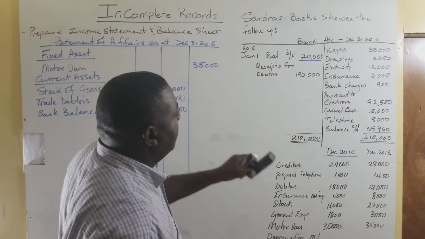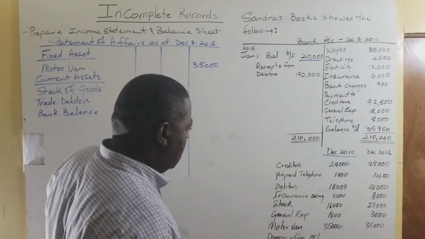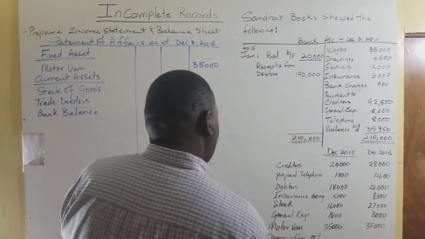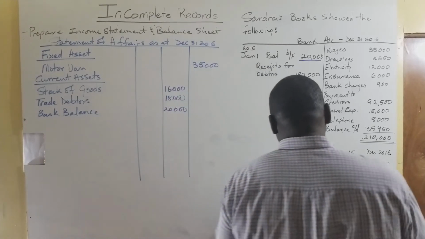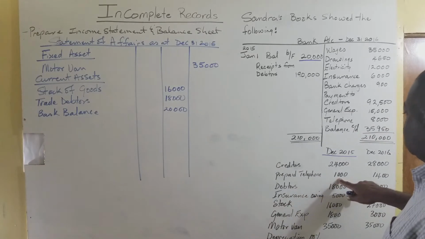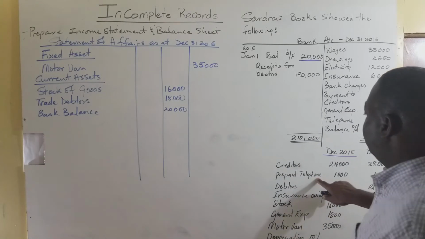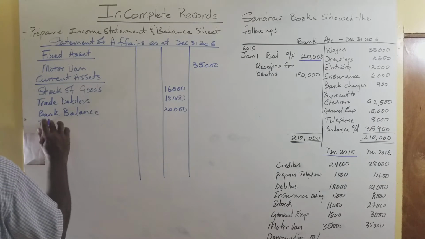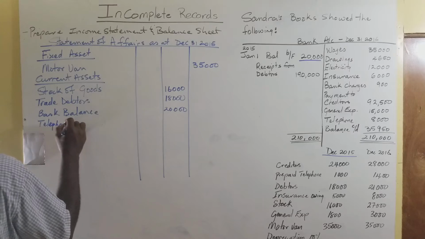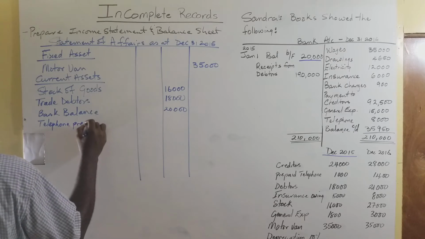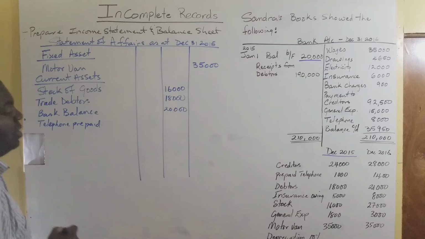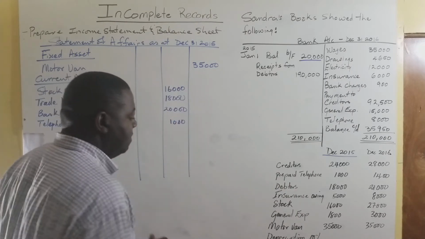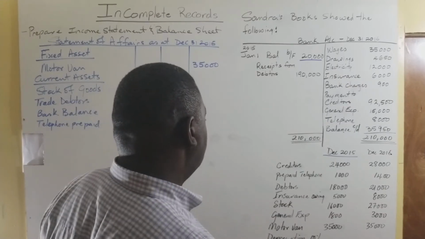We're going to also have cash. And in the question, do we have any cash? Was it stated? No. All right, we don't have any cash. So we are working, but we also have expense prepaid, telephone prepaid. And the telephone prepaid is $1,000.